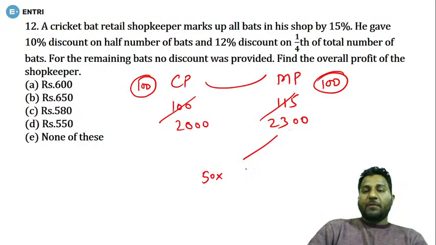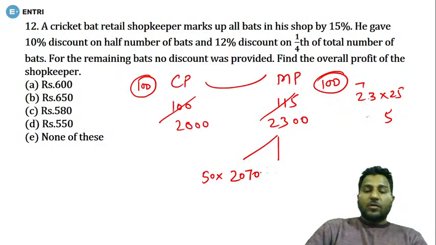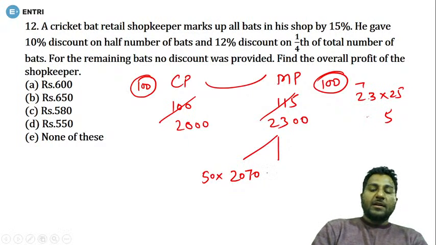That means on 90%. So 23 nines are 270. So 2070 would be the selling price. Okay, for the 1/4, that means 23 and 25. So the calculation must come in decimals. So remember, let's solve it in an efficient manner.